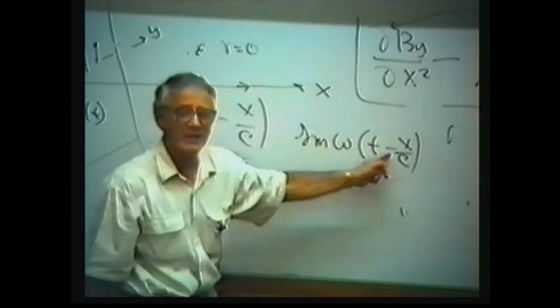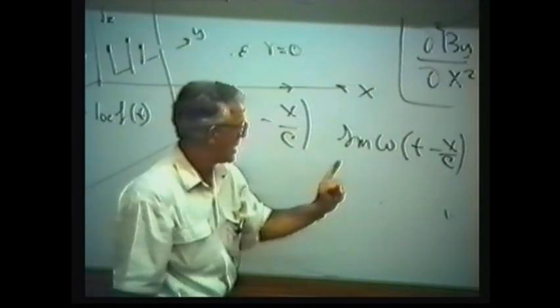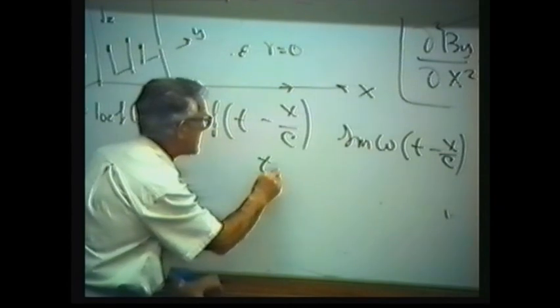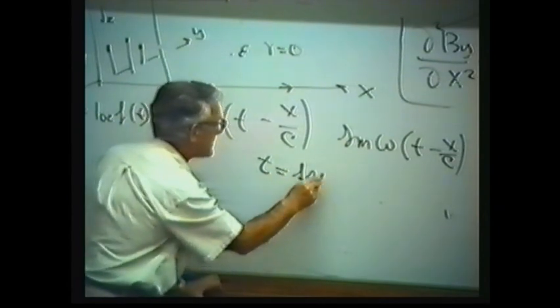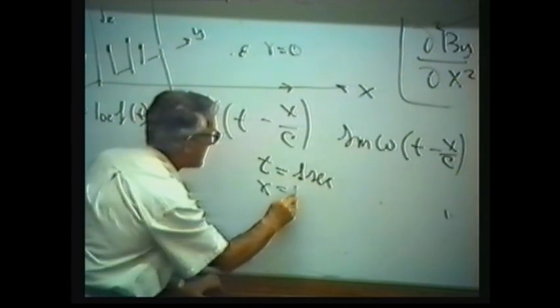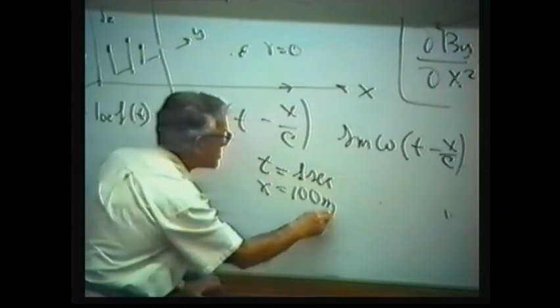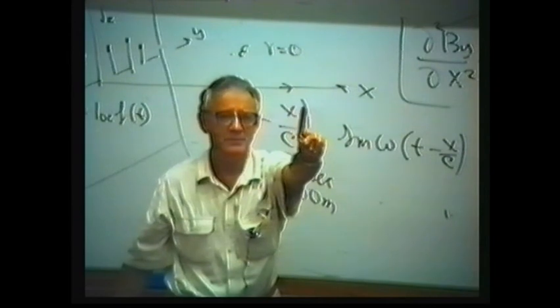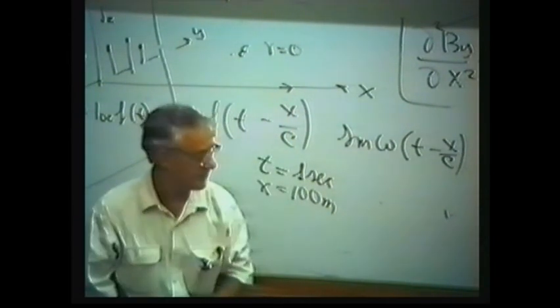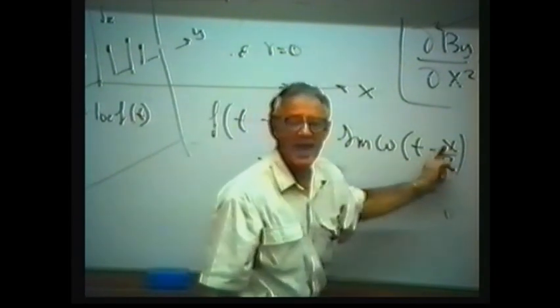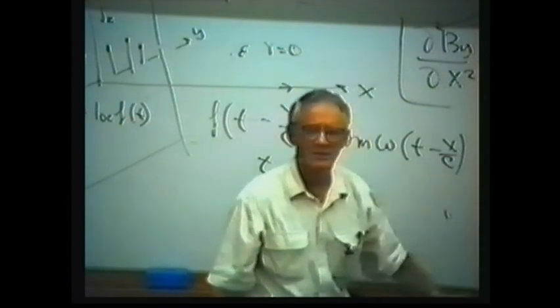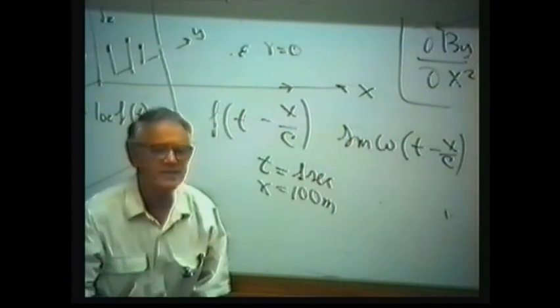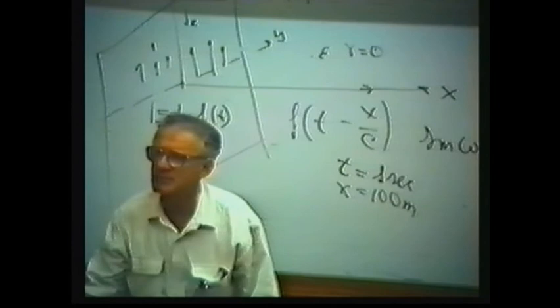What does it show? Let us think together. At some moment t, 1 second, and x equal 100 meters, this argument has value 1. Tell me please, if I take x greater, when will I have the same argument 1?